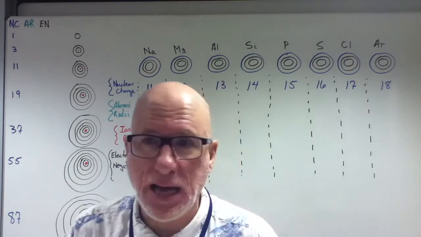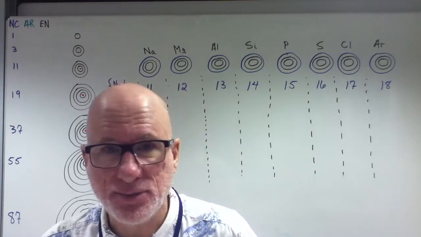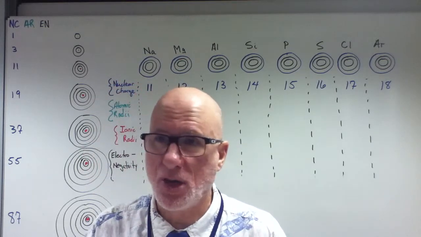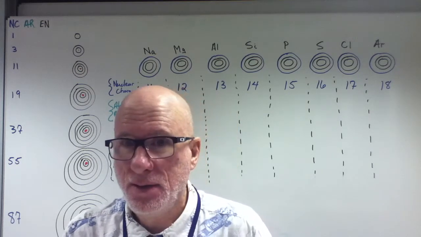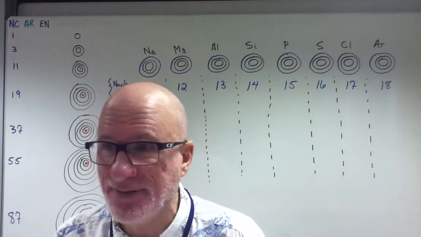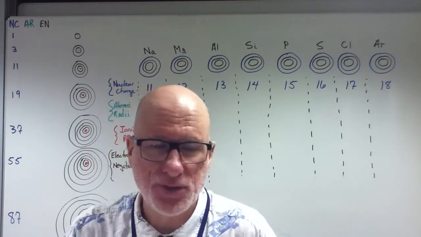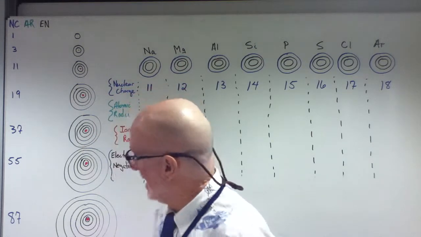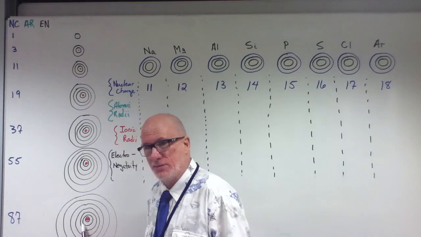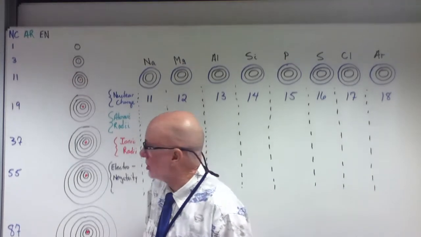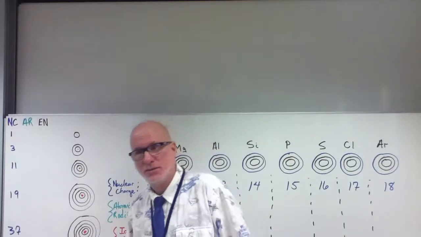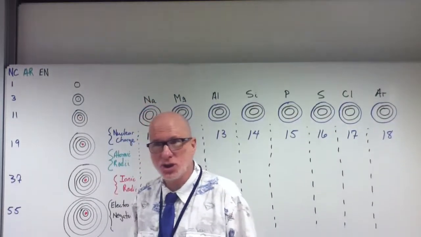Is there anybody alive now that's 87 times older than you? Of course not. It's absurd. But this is 87 times more powerful, bigger in terms of a nuclear charge than hydrogen. It's an enormous nuclear charge.